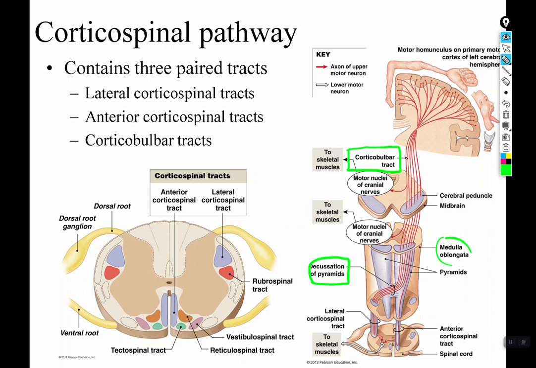So these are going to be associated with cranial nerves, the motor ones specifically. And then the other two are going to be associated with lower skeletal muscles away from the head, so anything from the neck down, basically.